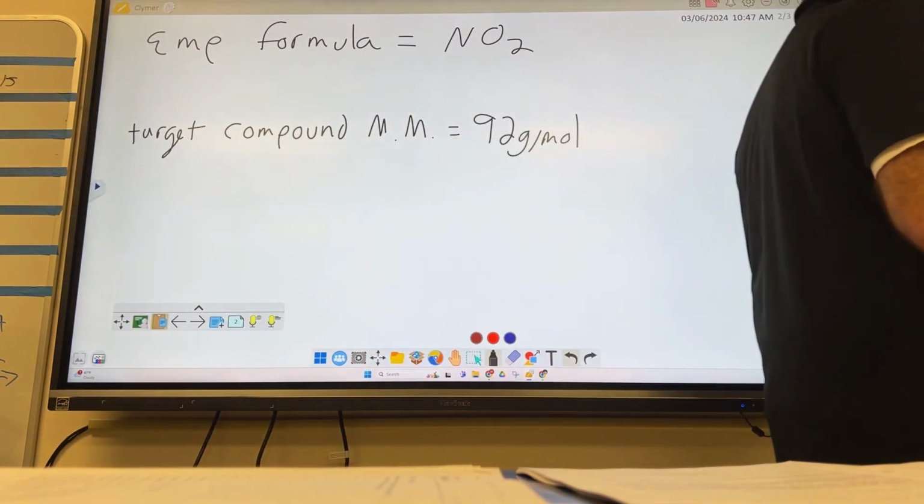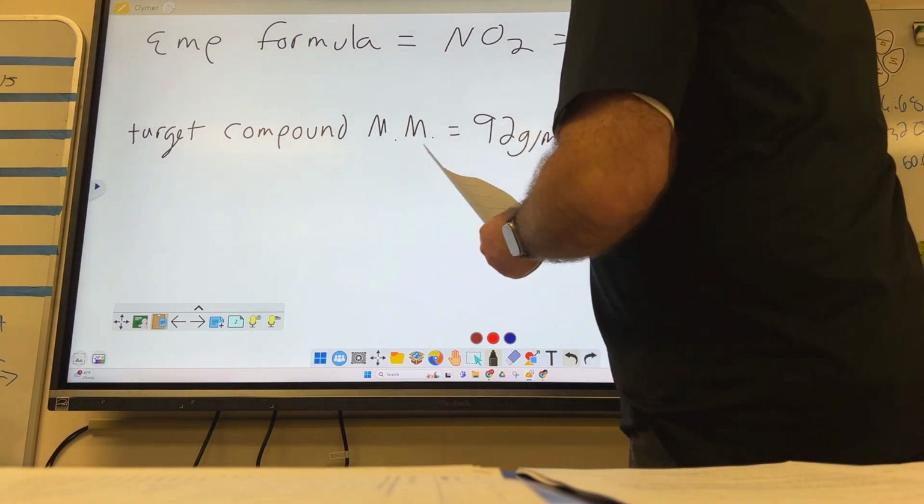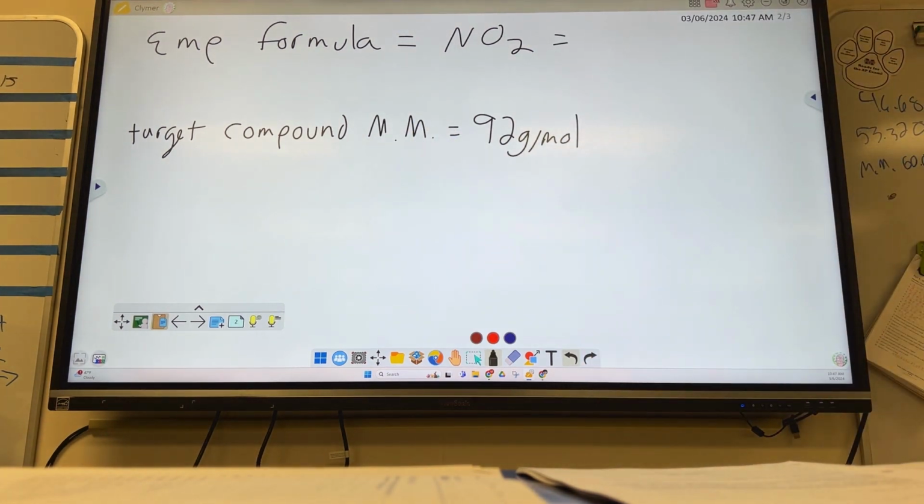How would we solve number 1? Find the molar mass of our empirical formula. Which is what? You should be able to do this on your own.